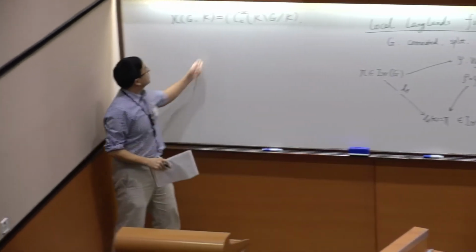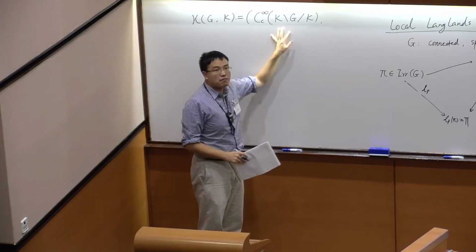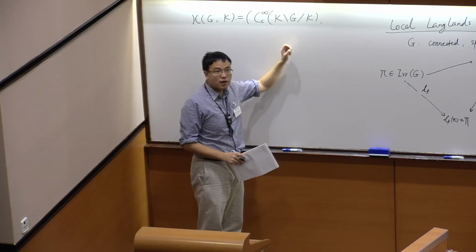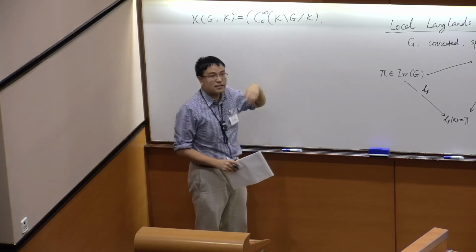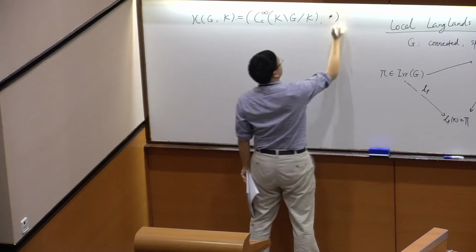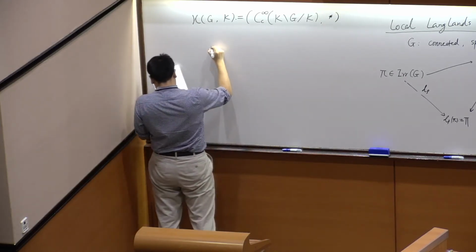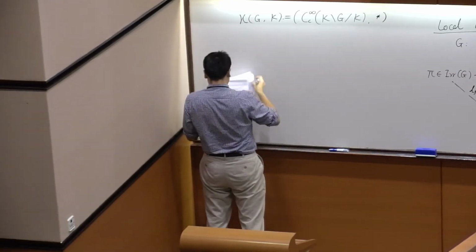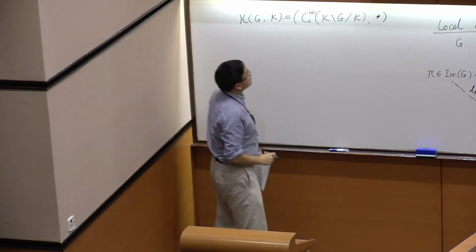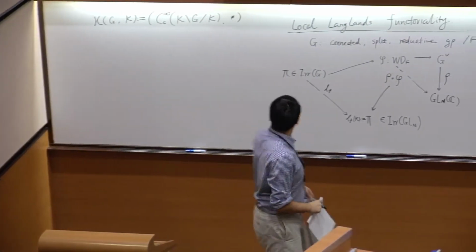For the Hecke algebra, the elements are the K-bi-invariant locally constant functions with compact support, and the multiplication is the functional convolution. So, for example, what is convolution?